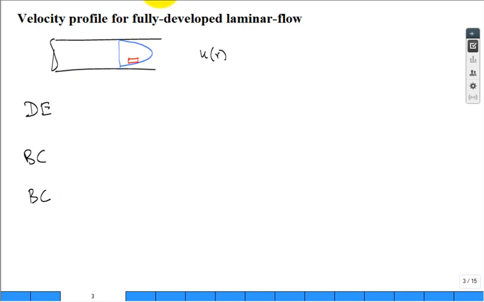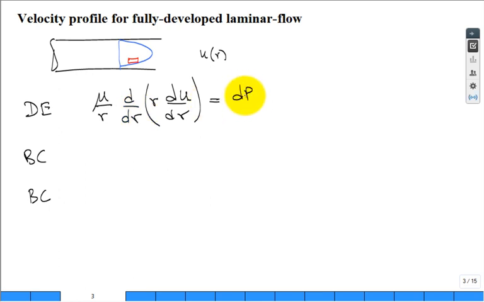And you derive the equation in differential equation form, and it looks like mu, that's our viscosity, divided by r, the radial coordinate, times the derivative with respect to r of r du/dr. Again, r is that radial coordinate, u there is that x component of the velocity going down the direction of the pipe, and it's equal to dp/dx.